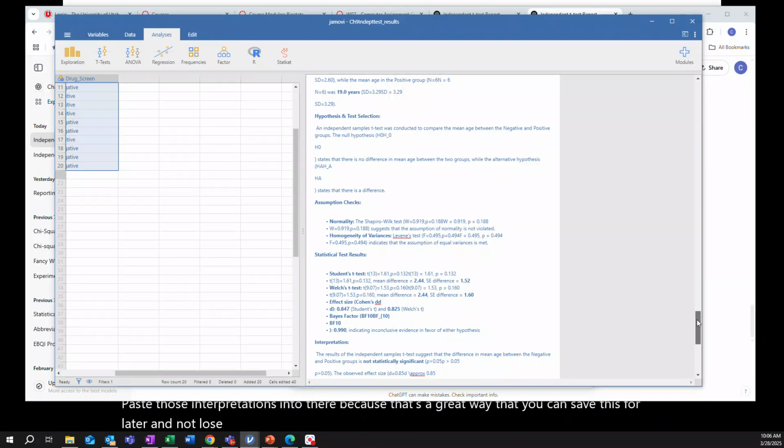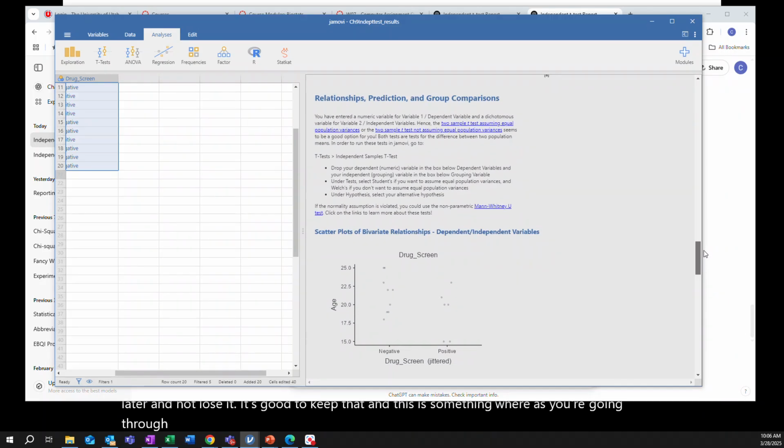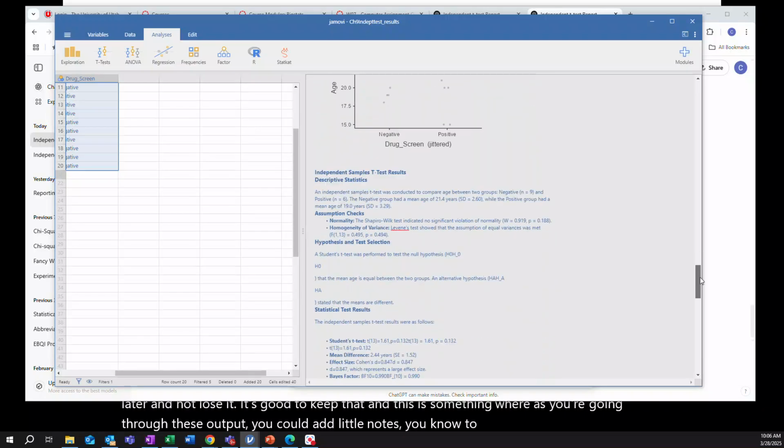It's good to keep that. And this is something where as you're going through these outputs, you could add little notes to yourself as you're interpreting things.